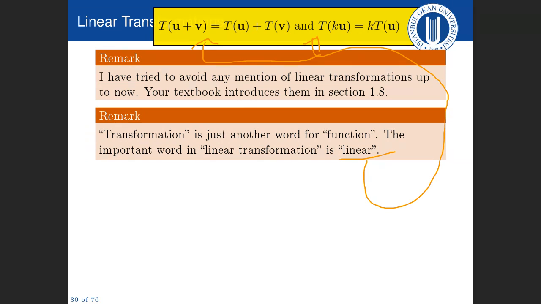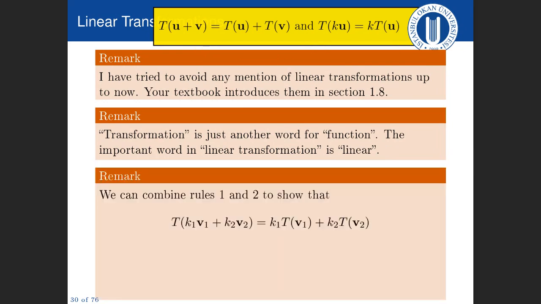If we combine these two rules in the yellow box, we could write that T of K1 V1 plus K2 V2. If we have a linear transformation, anytime we have a plus, it means we can split the function at the plus. And anytime we have some numbers, we can take the numbers outside.